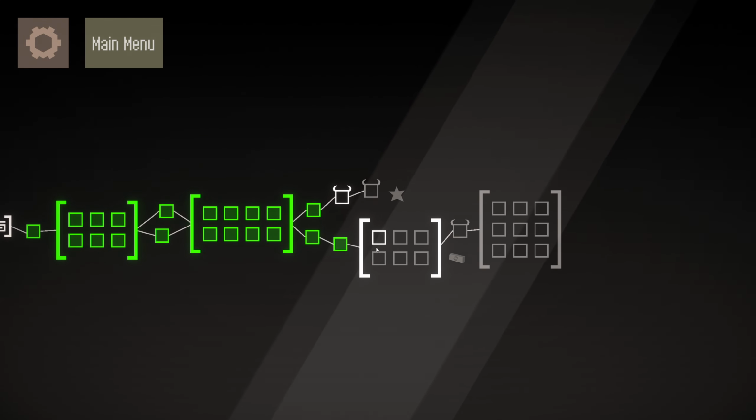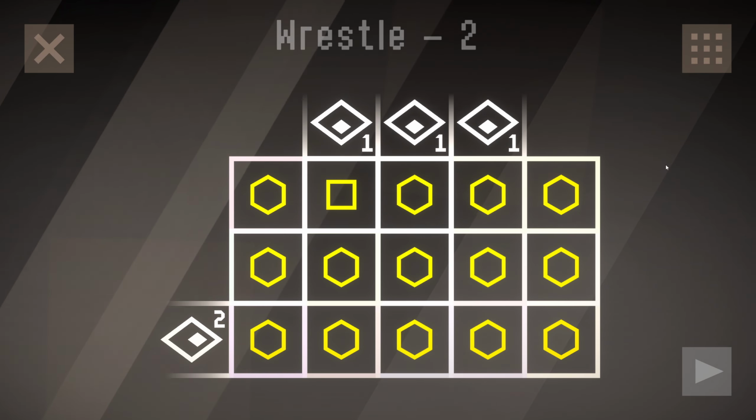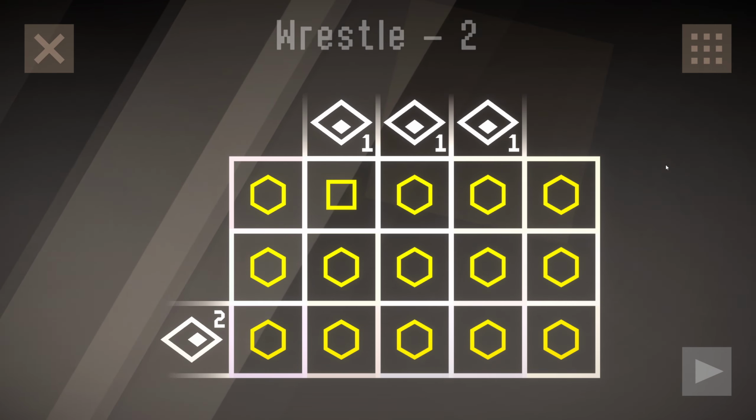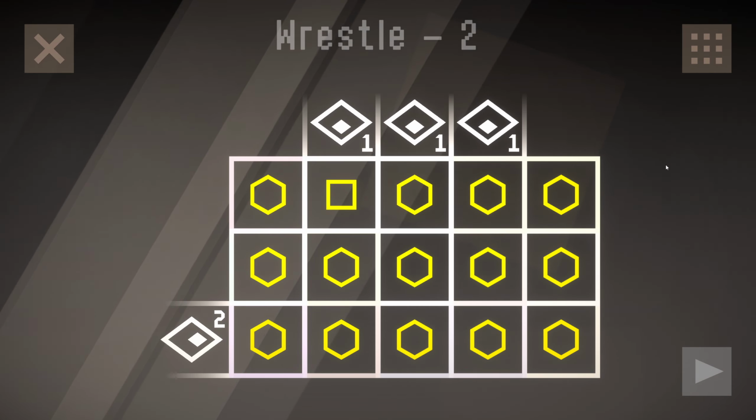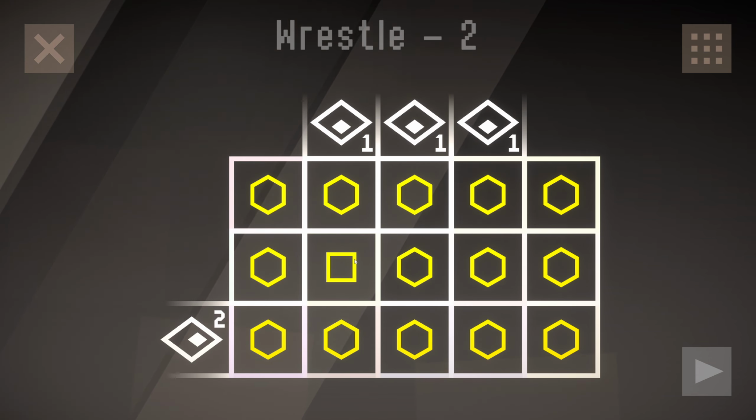We've got lots more stuff going on over here. What's this? Eyes and hexagons and squares. I know these rules. I know these mechanics. The case of making it work.